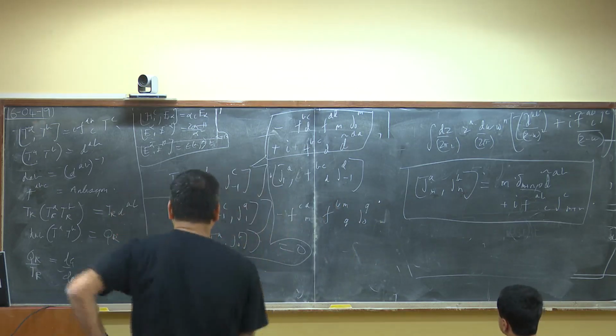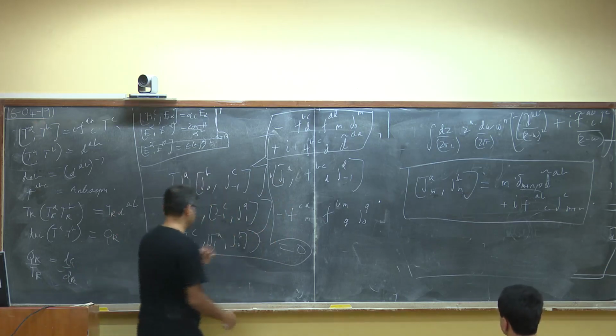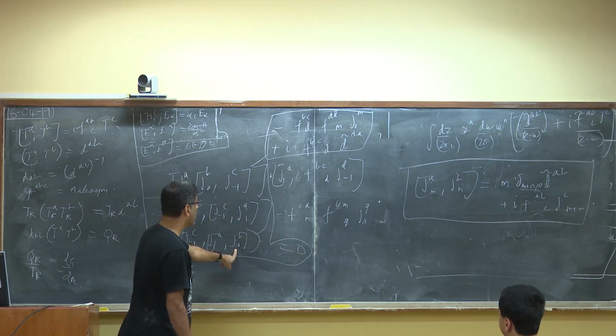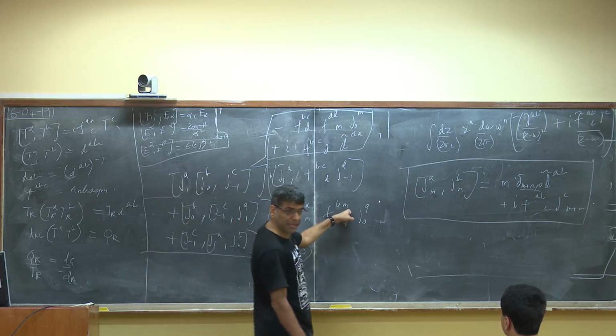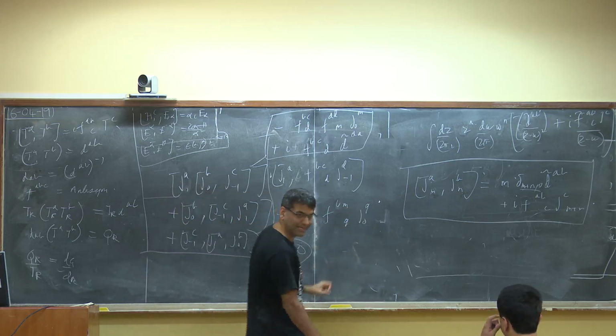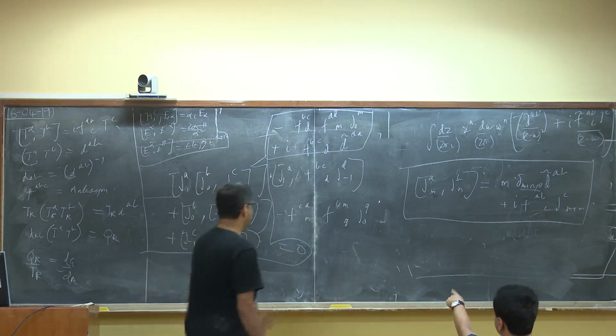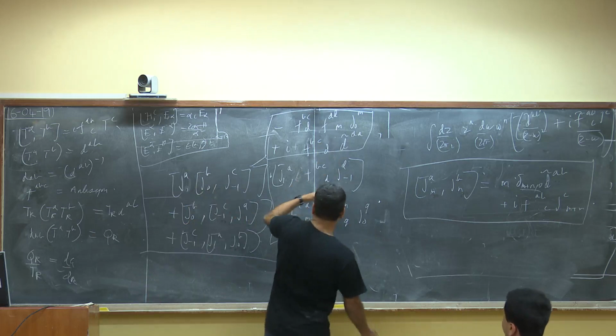Right? And the third term gives us J1 with J0. M is contracted here, and q is the free index. I think only q is also contracted with the J0.